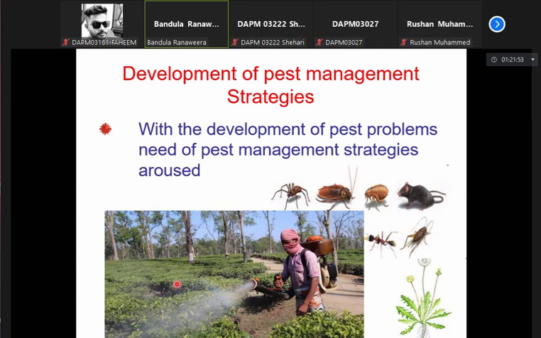Then, when it comes to problems like weeds in the agro ecosystem, some weed plants may become alternate hosts of the primary consumers.